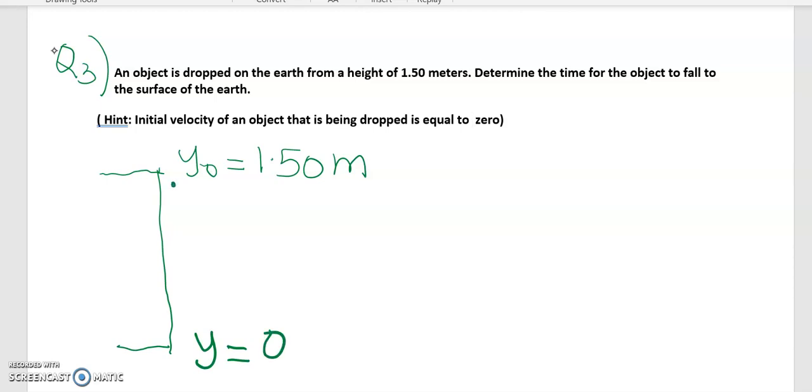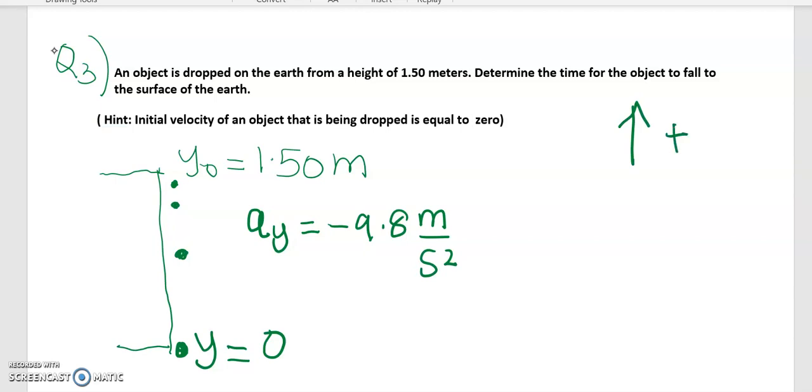And if you draw a motion diagram to make things clear, you can say it's speeding up. And acceleration a y is always negative 9.8 meters per second squared, and we take up as positive y. And initial y velocity v naught y is equal to 0.